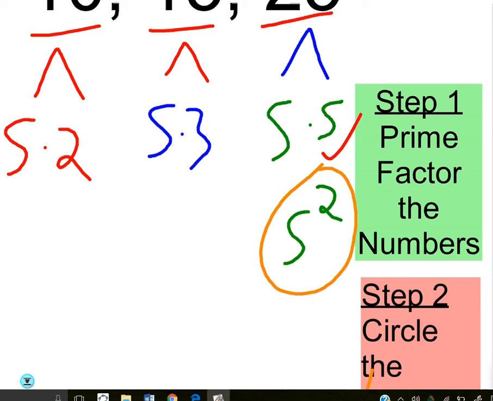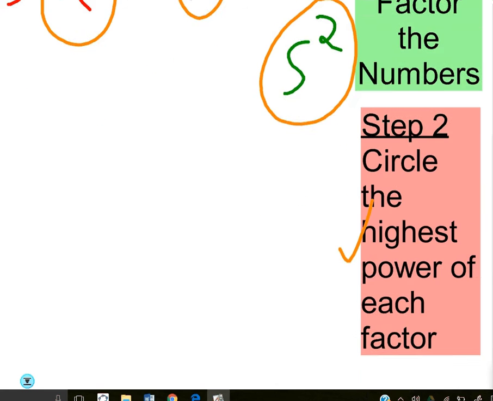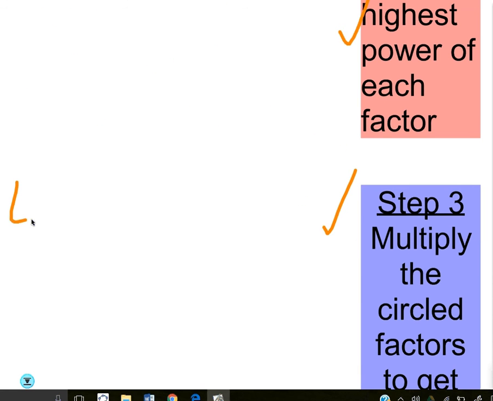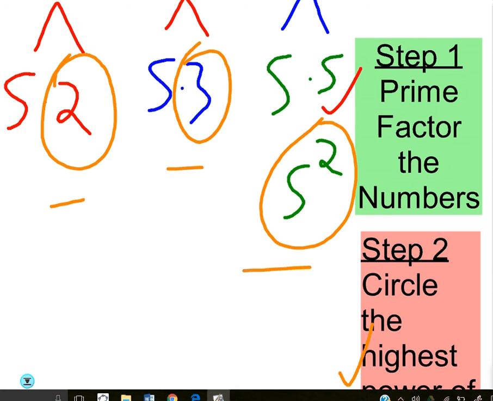That's right. What's the highest power of 3? What's the highest power of 2? Okay, so LCM. We're going to multiply all three of those together. So we're going to multiply 2, 3, and 5 squared.